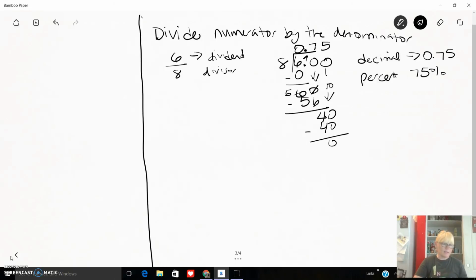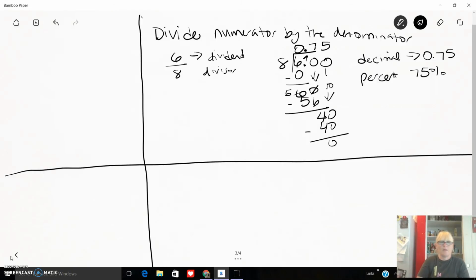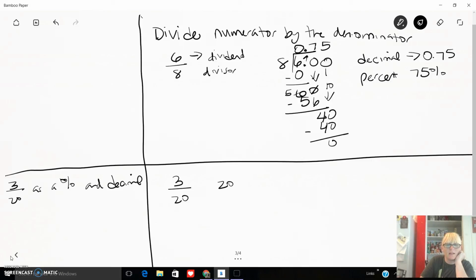So easy peasy. Let's do a couple together. I want 3/20ths as a percent and decimal. All right, so I have 3 over 20. So I'm going to divide 20 into 3, which doesn't happen, right?